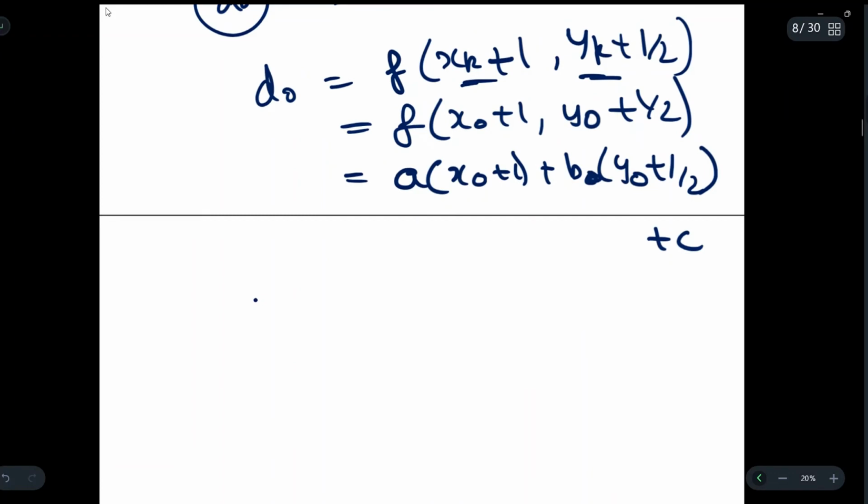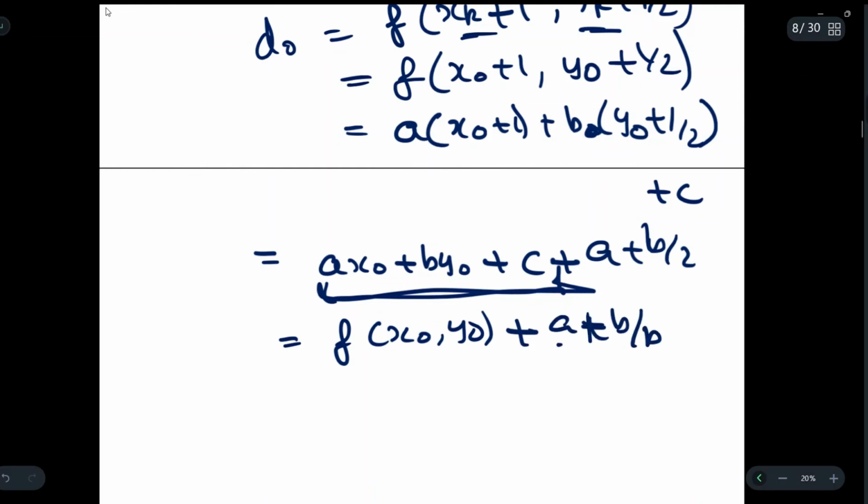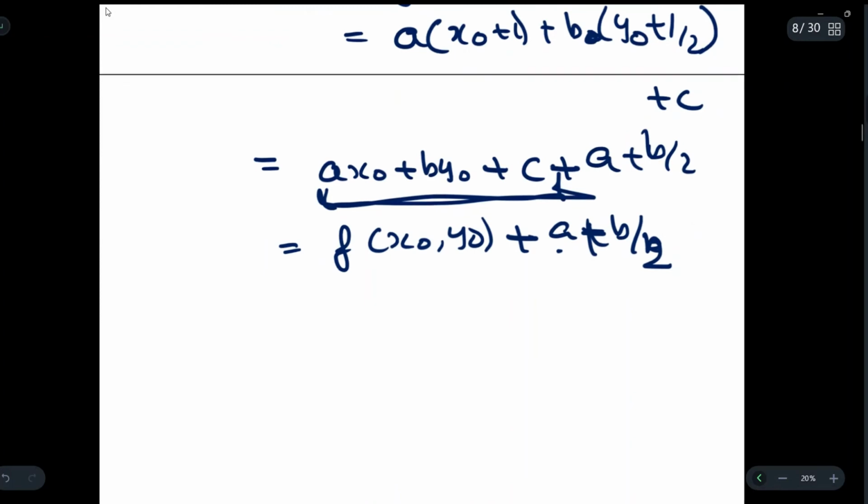Now on further solving this, we will get a x naught plus b y naught plus c plus a plus b by 2. So we know that this is the value of f of x naught comma y naught plus a plus b by 2. Now in doing so, we know that we had considered that the point x naught comma y naught lies on a line.